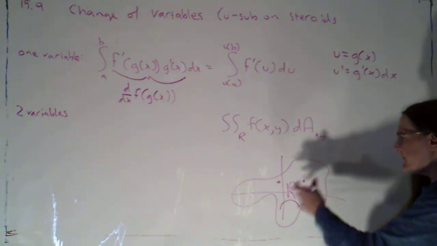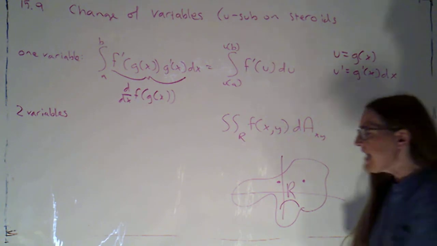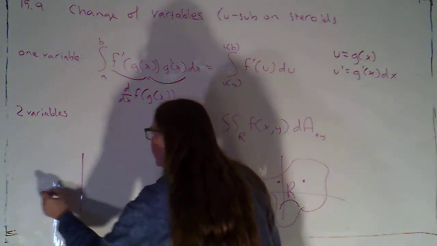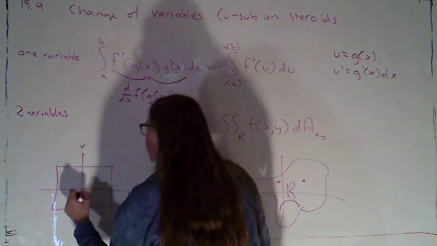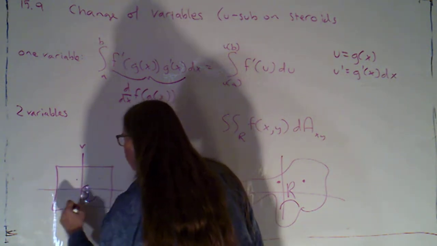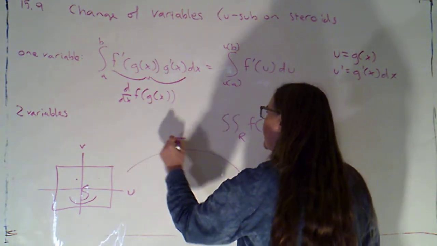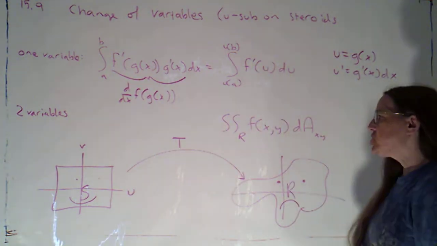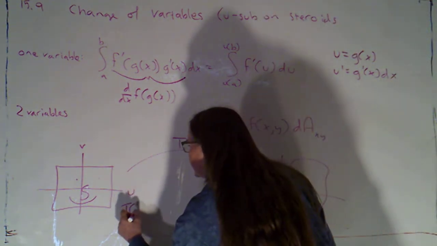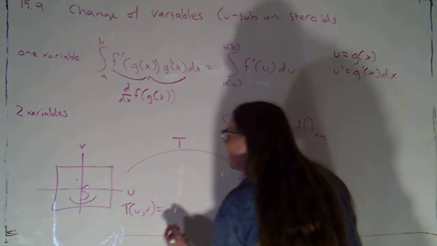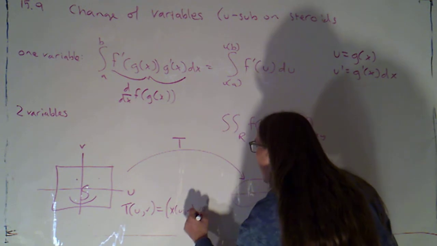And my R is this blobular region that I don't particularly like. It's going to be very difficult to describe the limits of integration there. So I'm kind of hoping that in the UV plane, there's some nice, lovely region S that I can map via some transformation to R. So I would basically have that T of UV would be x of uv, y of uv.